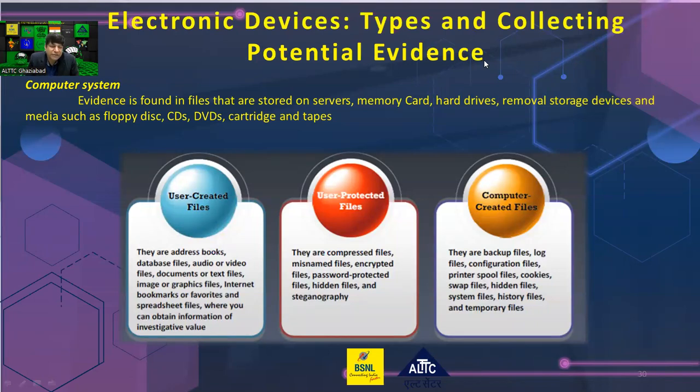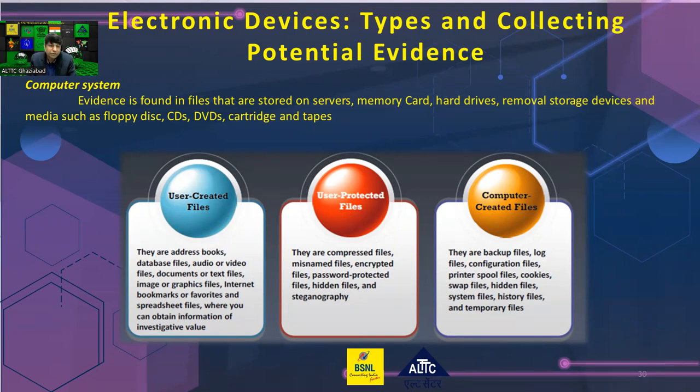Evidence in a computer system is found in files stored on a server, memory card, hard drive, removable storage devices, and media such as floppy disks, CDs, DVDs, cartridges, and tapes.